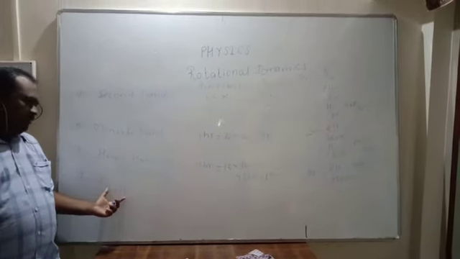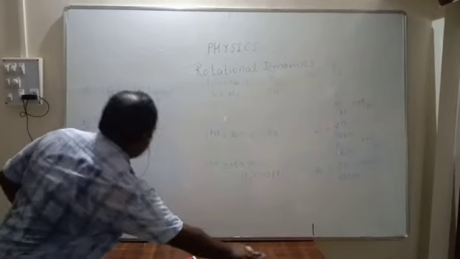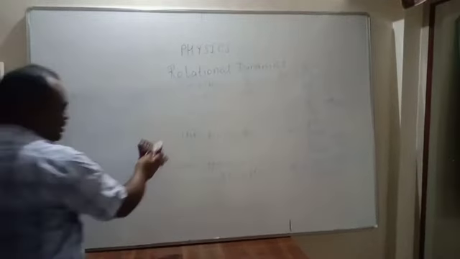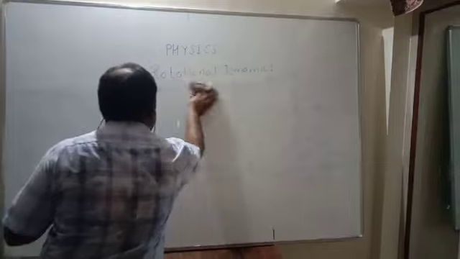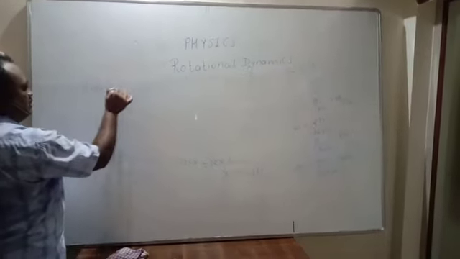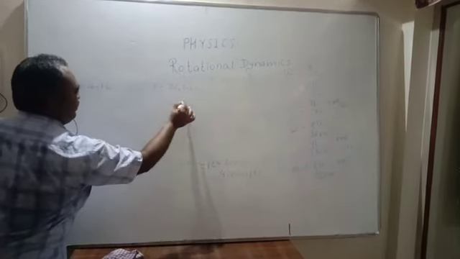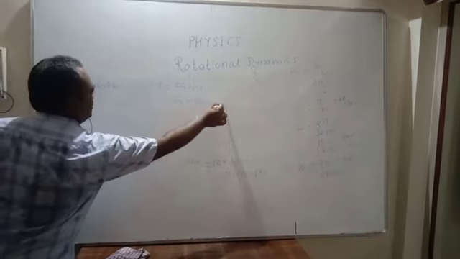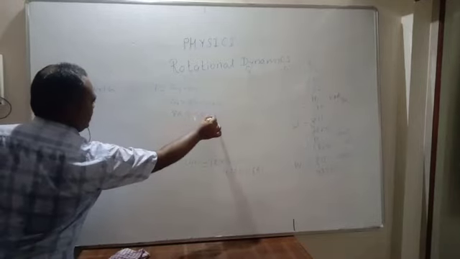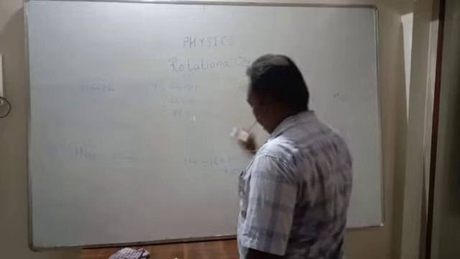Then important is the earth. It is required in most of the chapters. The angular velocity of the earth is an important value you have to remember after calculation. The earth completes one rotation in 24 hours. Time period is 24 hours, which equals 24 into 3600 seconds. It comes as 86400 seconds. Angle theta is 2 pi.